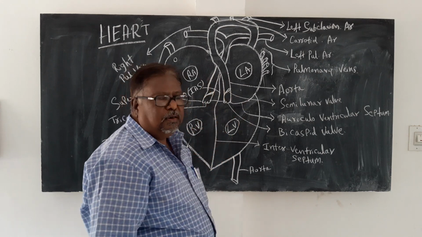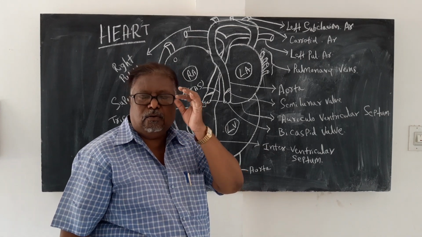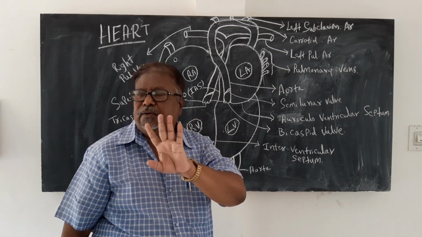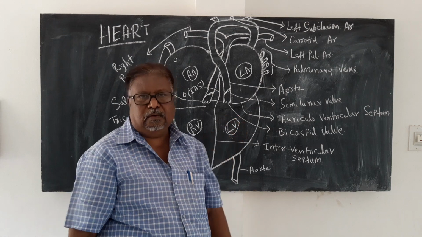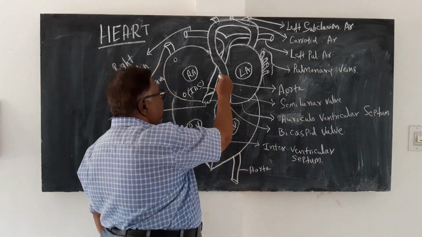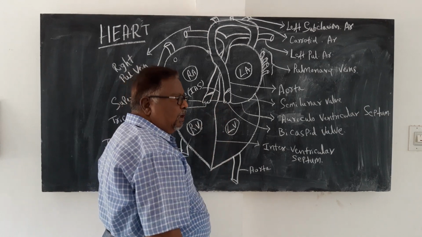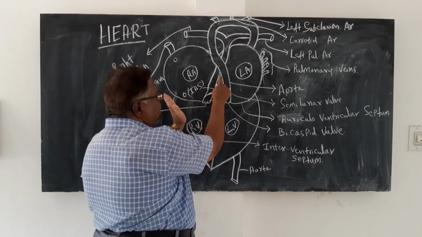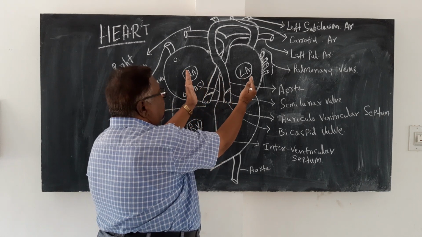All the chambers of the heart, there are four chambers, as I already told. These four chambers of the heart are completely divided. They are completely separated from each other. There are septums present. The interauricular septum separates the two auricles.